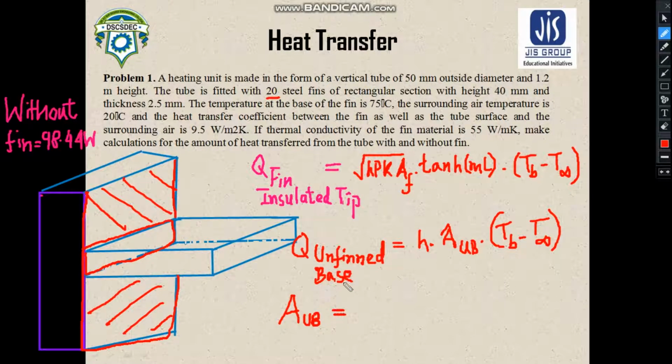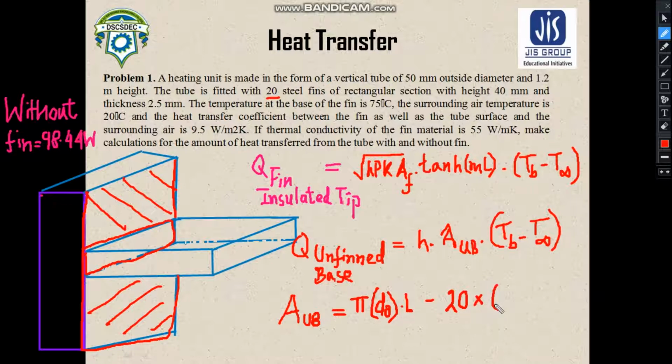So if you are trying to find the unfinned base area, then first of all you need to find the base area, which is pi d0 L. L is already given as 1.2. We know d0 as 50 millimeter. So this is my total area, and now we need to subtract the fin area from it. So how many fins are present here? There are 20. So 20 into the area of each fin.